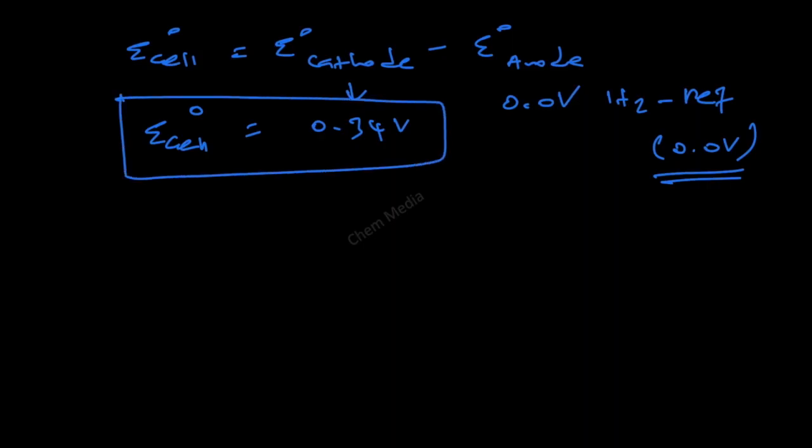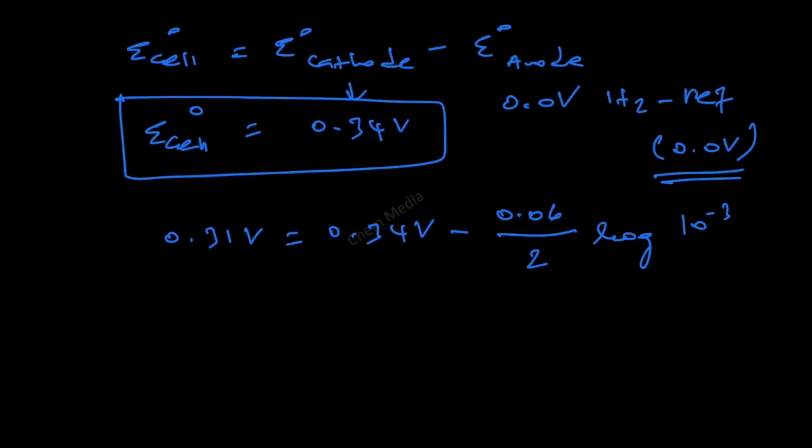So let's plug this into the next equation, and the E cell value is given as 0.31 volt. E cell standard value that we got is 0.34 volt minus 0.06 divided by 2, because there were 2 moles of electrons, isn't it, as per the redox equation, times log concentration of H plus was given as 10 to the power minus 3.